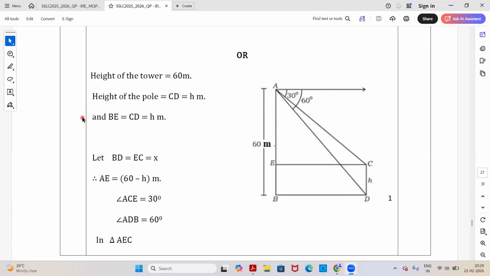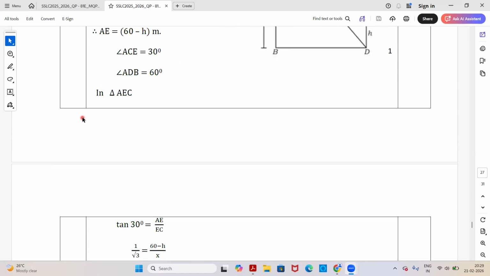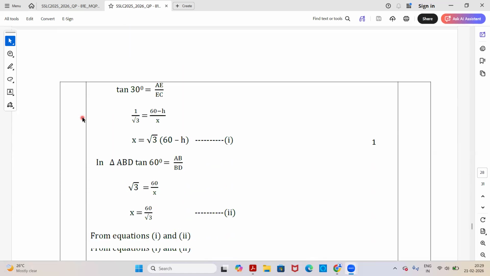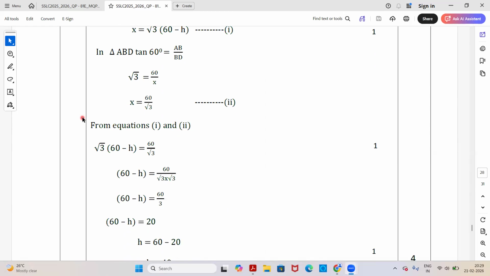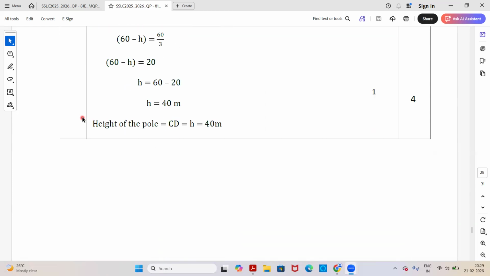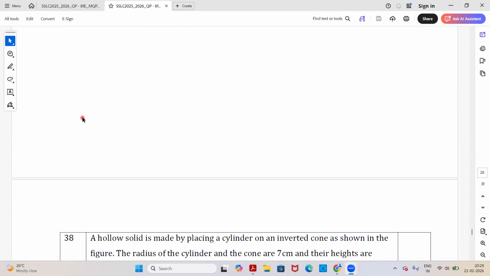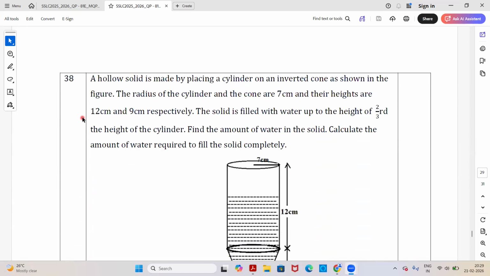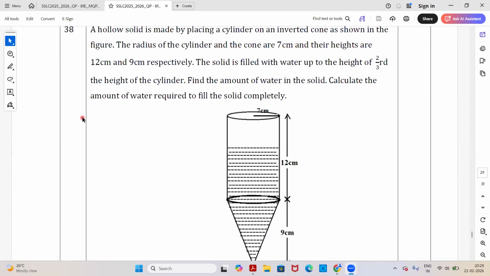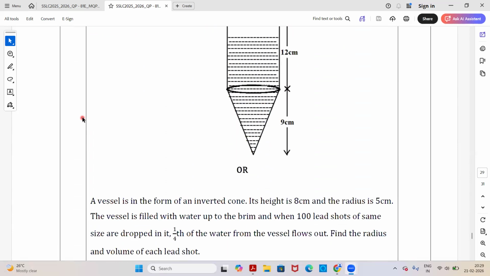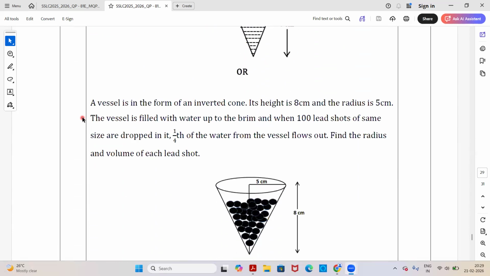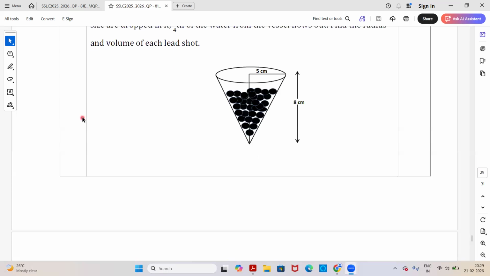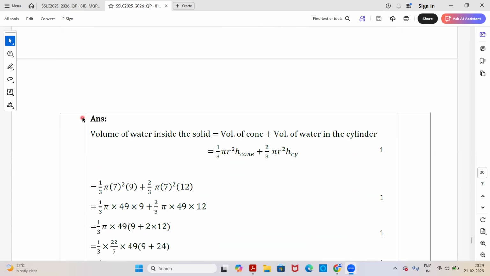Second answer starts from here. And the 38th question is here with option. Second question. And the answer is given here.